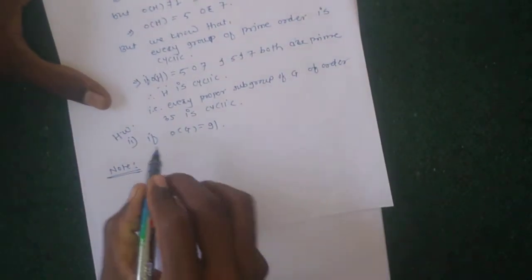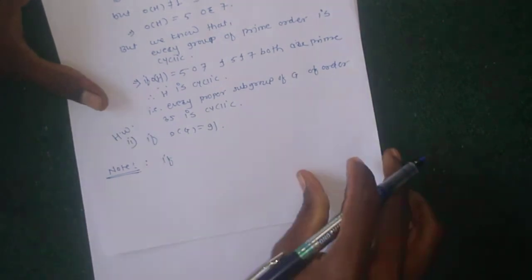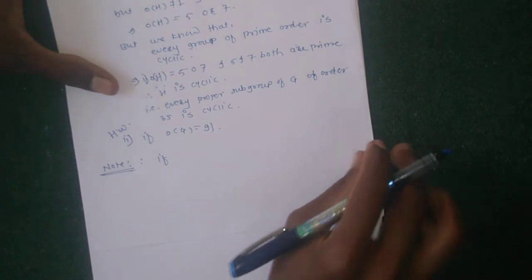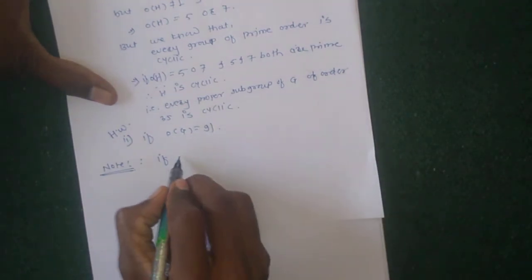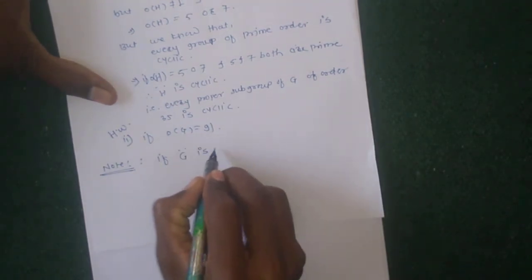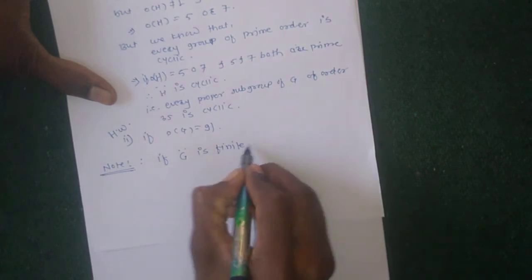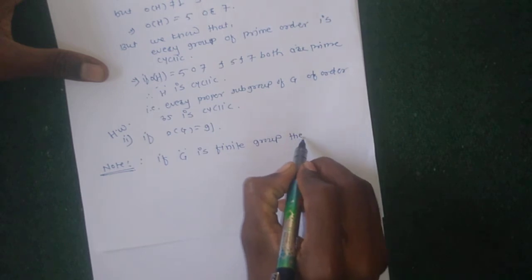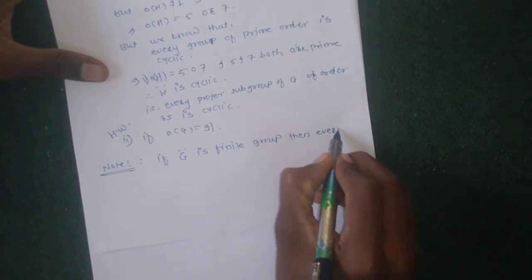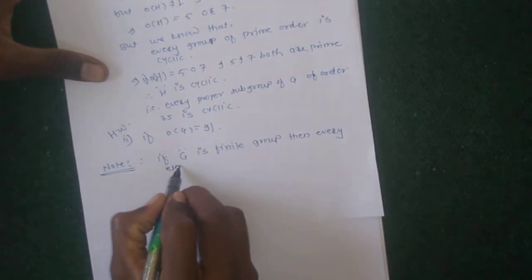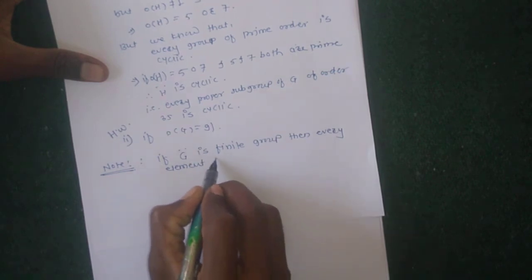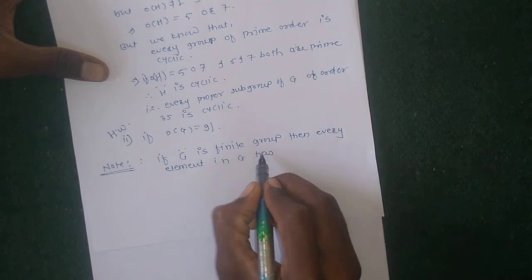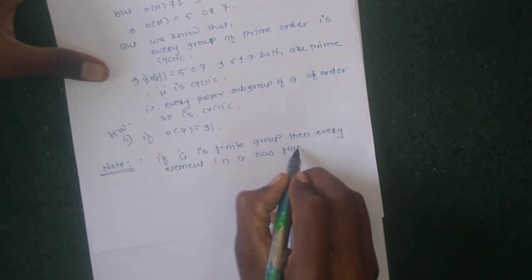Then a note. If G is a finite group, then every element in G has finite order.